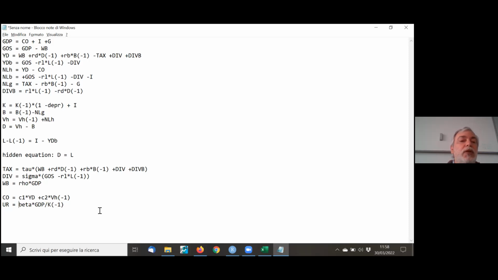Sorry, no, the desired utilization rate should be written in this way, let's call it UR desired, and then the investment would be modeled as a function, gamma, of the gap between the desired utilization rate and the actual utilization rate.